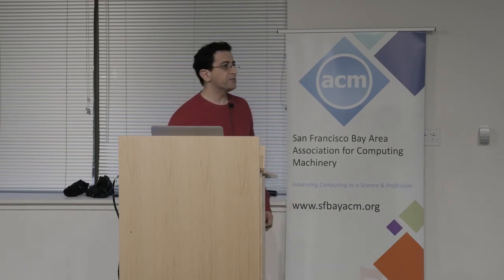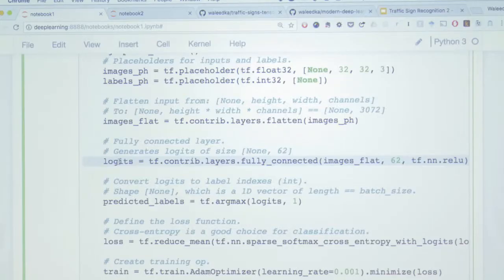Right. So we got the logits. So what do the logits mean? We're going to get 62 logits for each example. And each one is the output of a neuron. So those logits represent the prediction of the model.